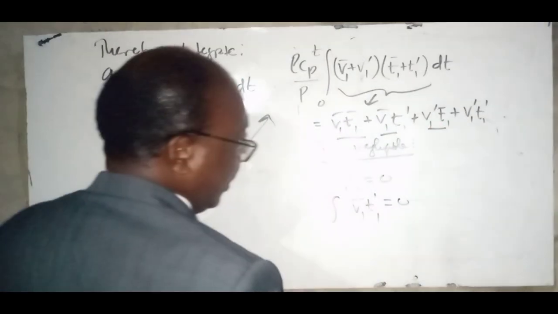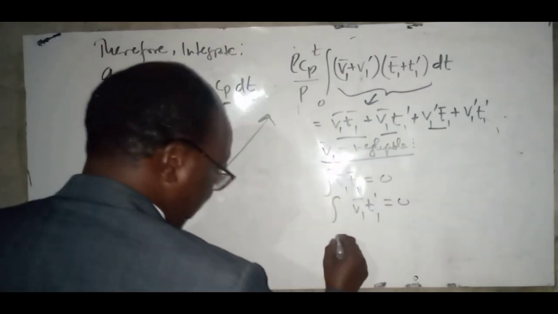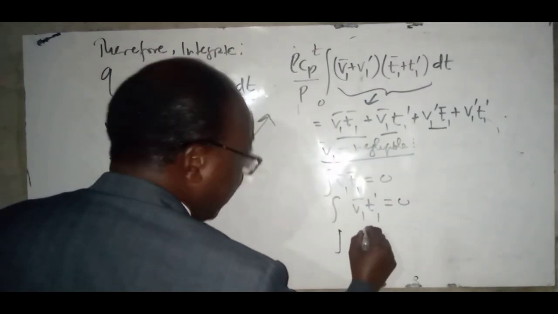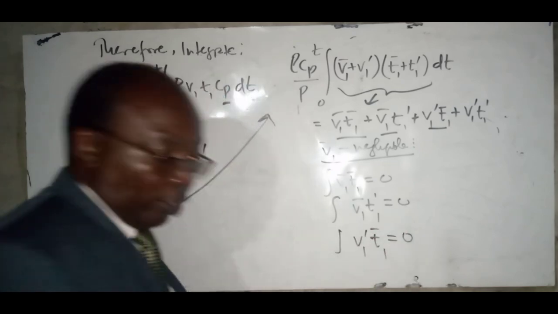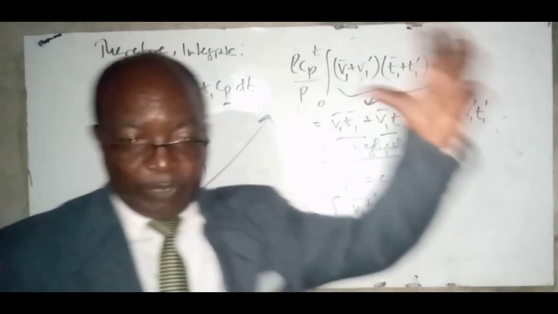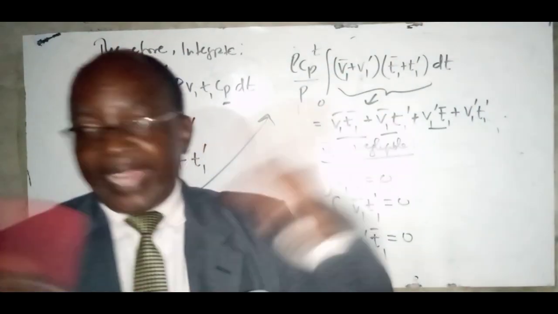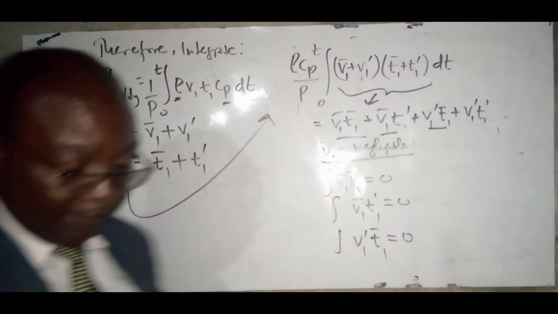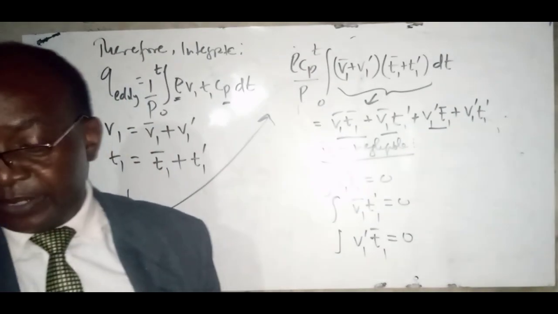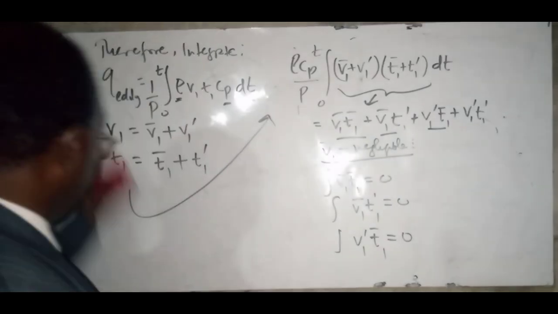And the same with the integral of V1 prime T bar 1 is 0. Because we told you that those quantities which fluctuate, they add up to 0. Remember that? Please just go through our earlier lectures on the turbulent boundary layer kindly.